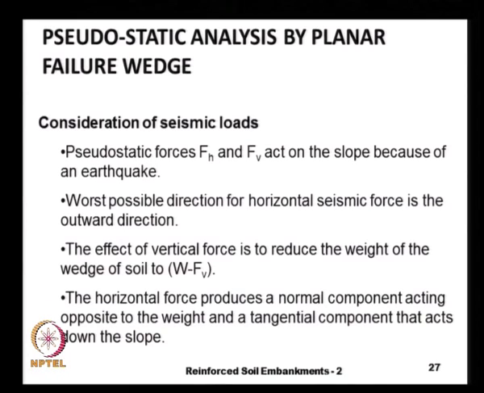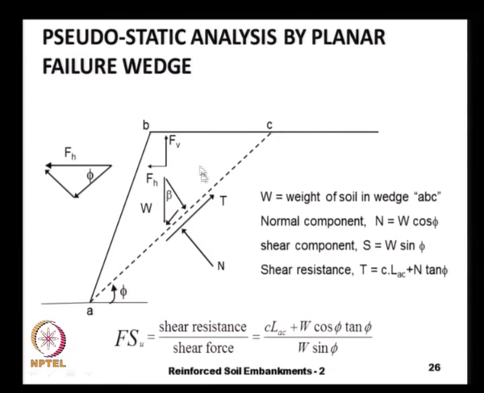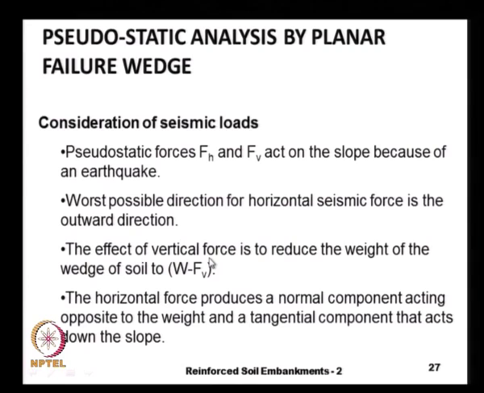And by considering the action of these additional forces, we need to determine the factor of safety of the slope, the most critical case. The pseudostatic forces are the Fh and Fv, and the worst possible direction for the horizontal seismic force is the outward direction, whereas the vertical force because of the seismic excitation is either to increase or decrease the effect of the weight.